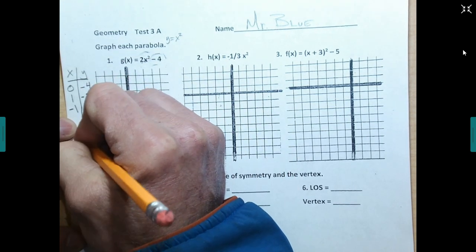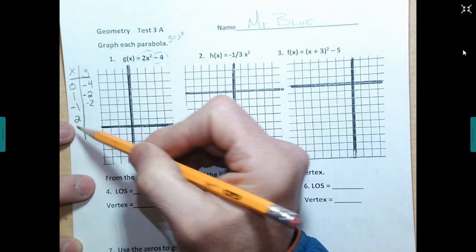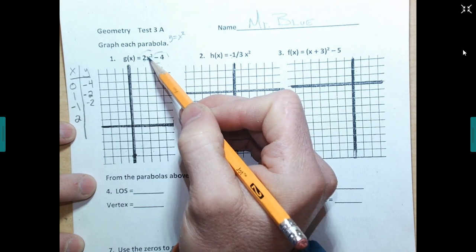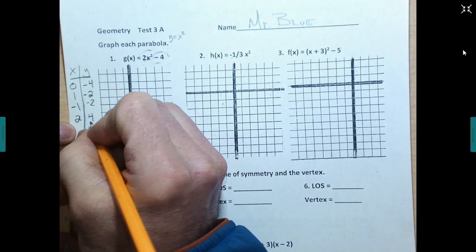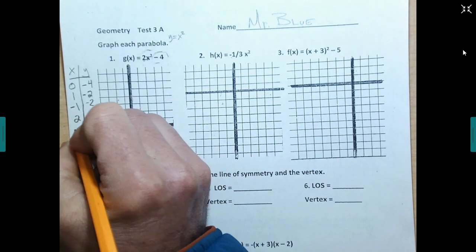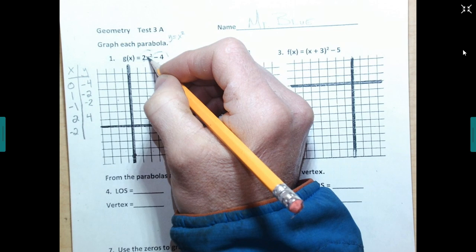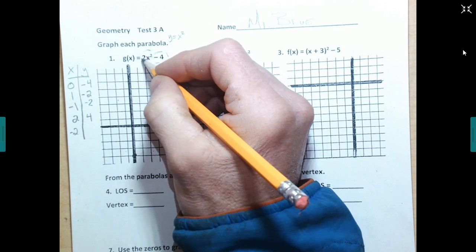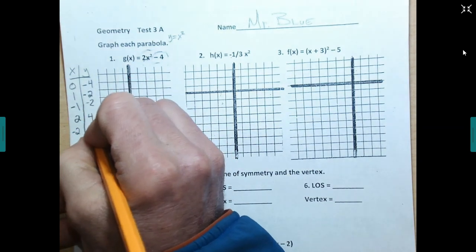This is all lining up with what I had thought. So 2 squared is 4. 4 times 2 is 8. 8 minus 4 is 4. -2 times -2 is 4. 4 times 2 is 8. 8 minus 4 is 4.